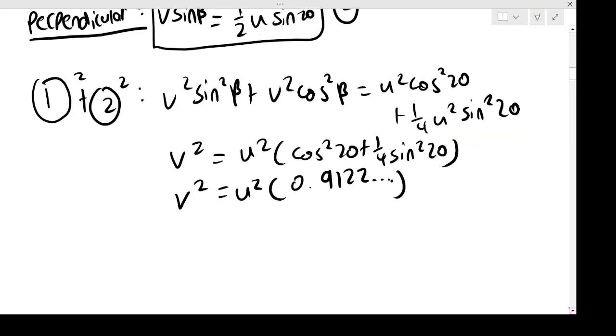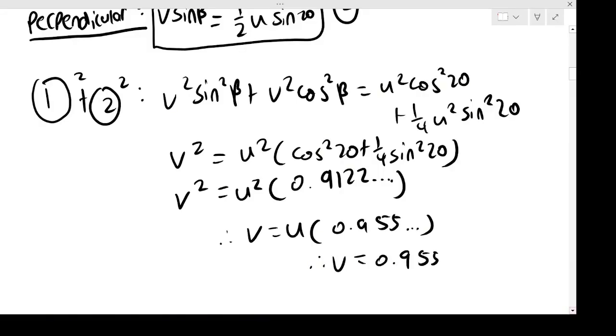So if I root this, then v is going to be u lots of the root of this 0.9122 blah blah blah, right? So that's going to be 0.955. Okay, therefore v is going to be 0.955u. So let's say 3 decimal places there. Okay, so there we are.